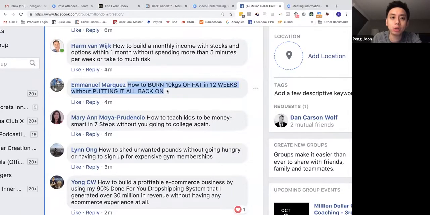So same thing here for you, Harm. It would be how you can build a monthly income in stocks. But one of the things I want to have is to make it curiosity based, right? Using the same system like what Warren Buffett uses when it comes to investing, right?